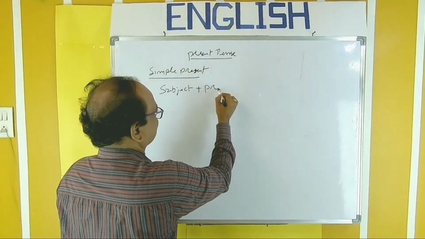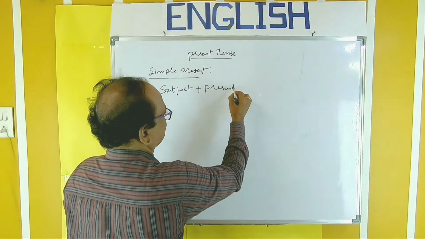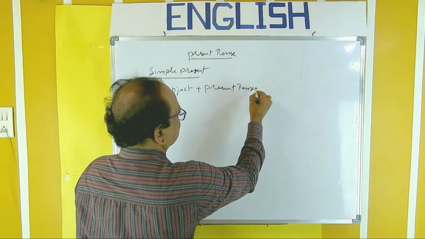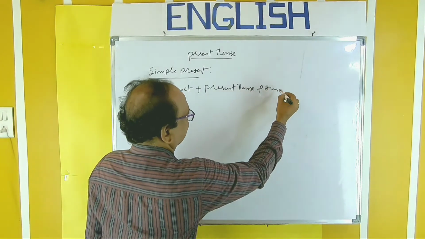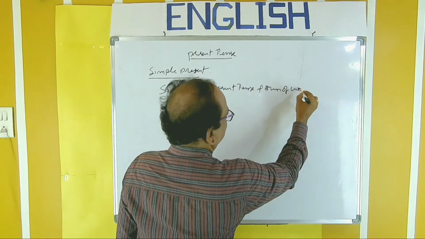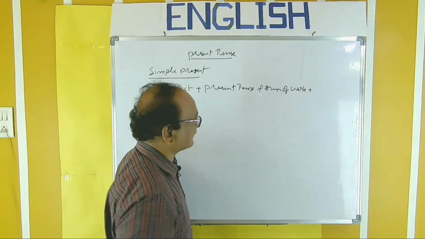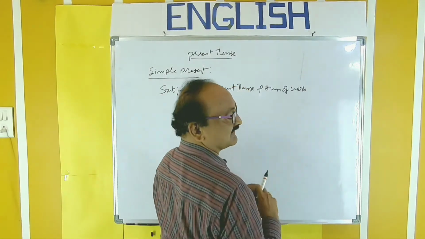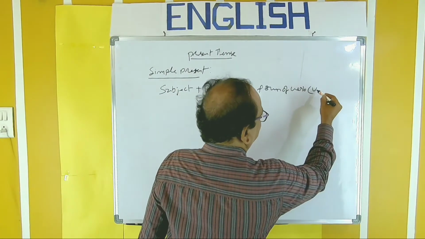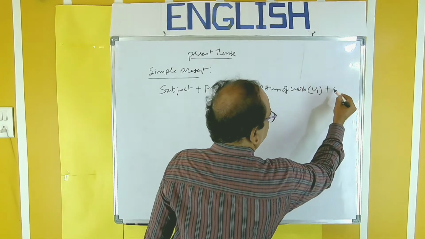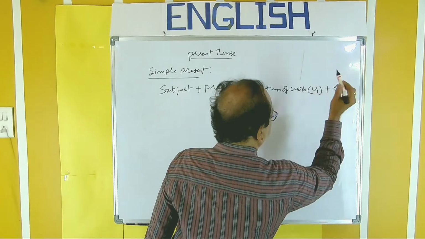Subject plus present tense form of verb. For your easy remembrance, you can simply say V1 plus object.